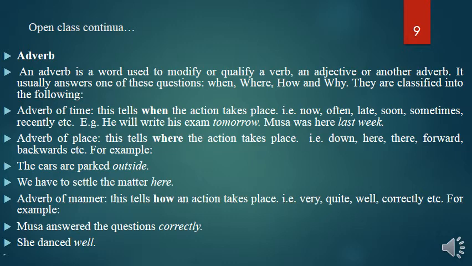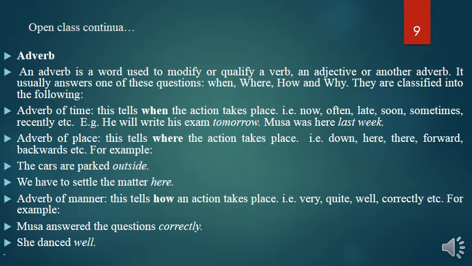An adverb, as another item in the closed class, is a word used to modify or qualify a verb, an adjective, or another adverb. It usually answers one of these questions: when, where, how, and why.